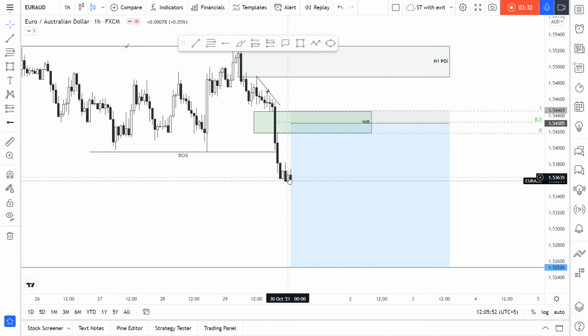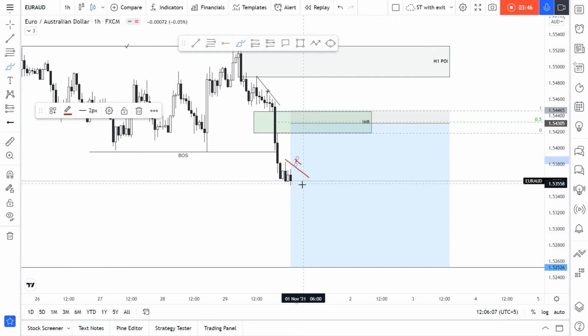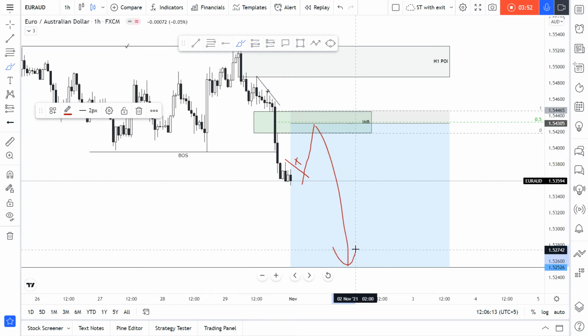next week. Maybe there's going to be some correction, because as we can see the price has already started moving in a corrective phase. We got some liquidity here, then we go to the upside, mitigate this imbalance, and then go to the downside.